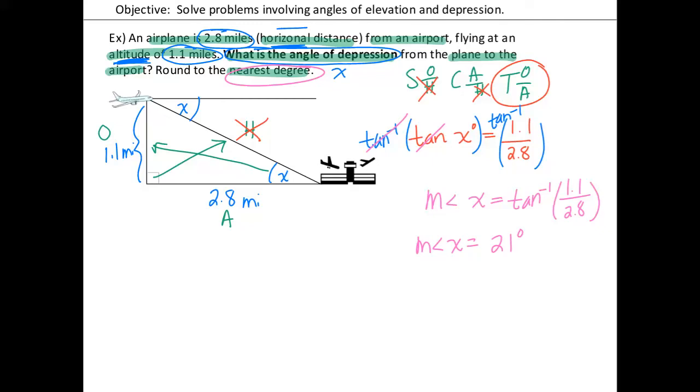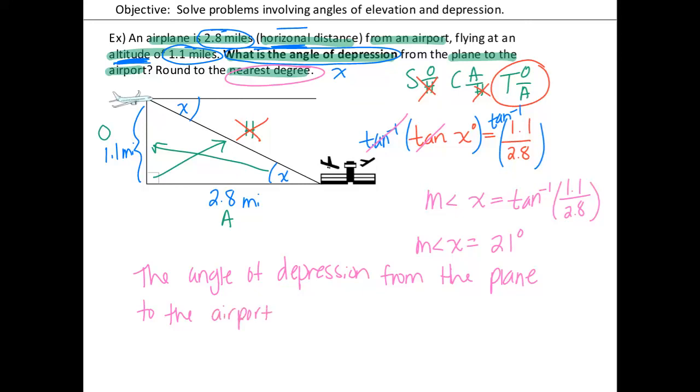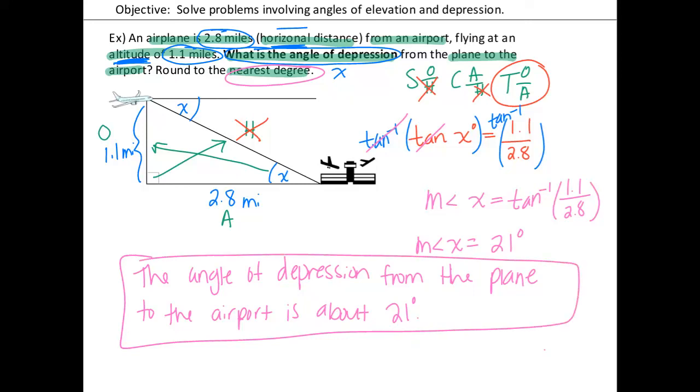And then we have to write a sentence. We can just say the angle of depression from the plane to the airport is about 21 degrees. Period. And that's my final answer.